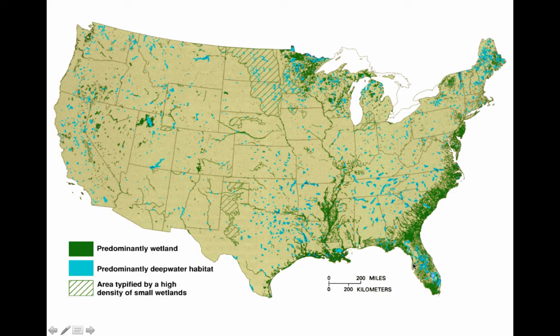And the lighter blue, that teal color, is predominantly deep water habitat. And then the green hatch is area typified by a high density of small wetlands, which is kind of flat lands that can flood easily. Maybe they don't spend the whole year underwater, but with the change of seasons, it might be underwater during part of the season.